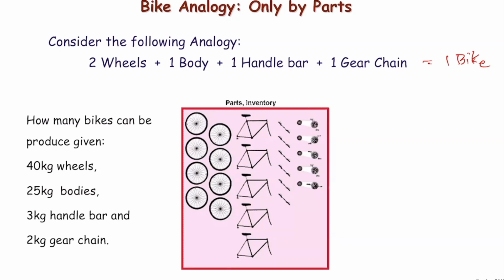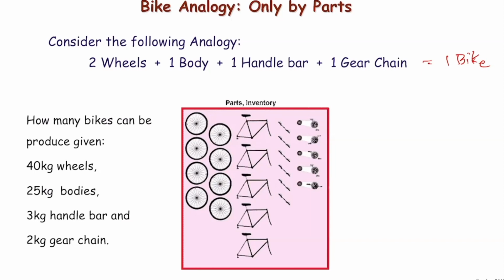How many bikes can I produce? You'd be scratching your head and say, well, I don't really know, because I don't know how many wheels are in 40 kilograms. And I don't know how many bodies are in 25 kilograms. You don't know how many pieces you have, because you need to know the pieces in order to figure out how many bikes you can potentially produce.